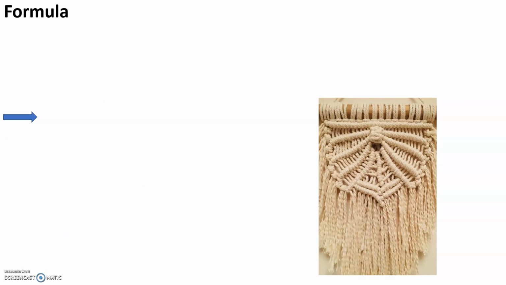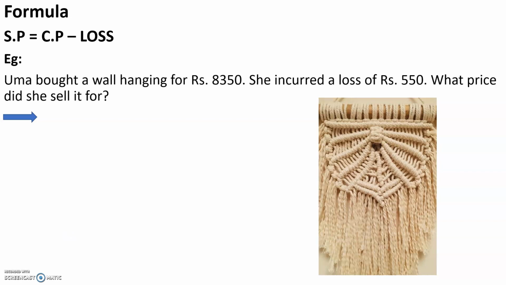Next one. SP is equal to CP minus loss. Let's see an example. Uma bought a wall hanging for rupees 8,350. She incurred a loss of rupees 550. What price did she sell it for? Let's see the solution.